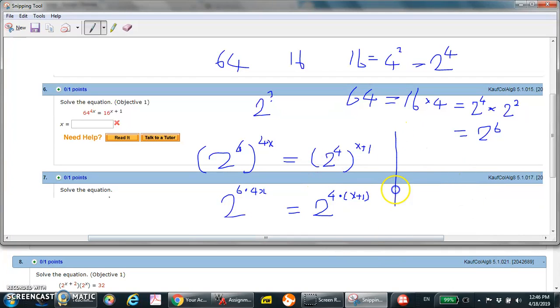So our equation will be 2 to the 24x equals 2 to the 4x plus 4.